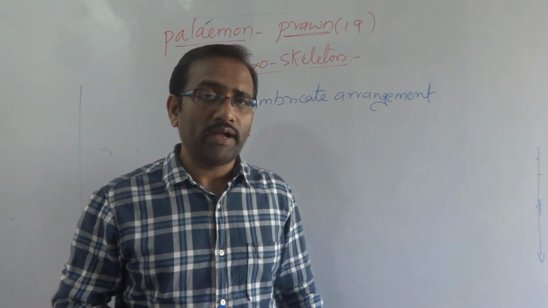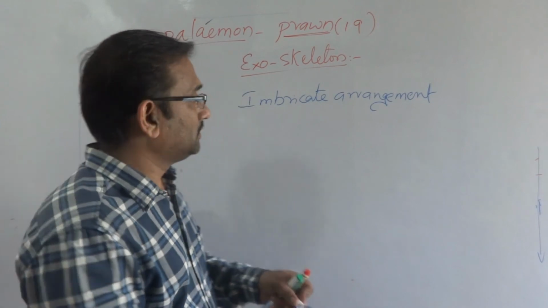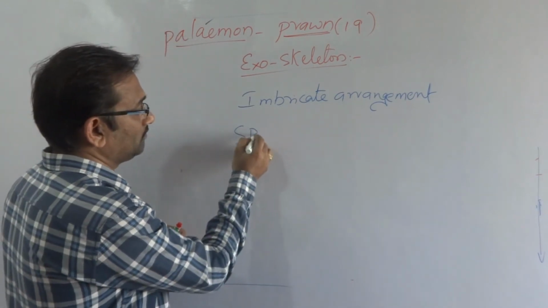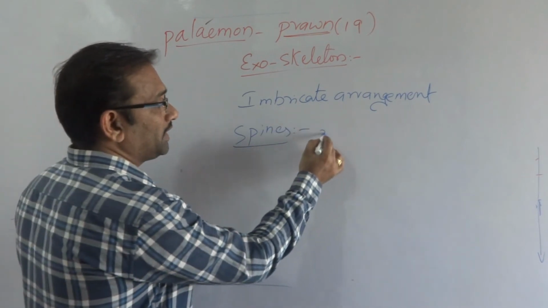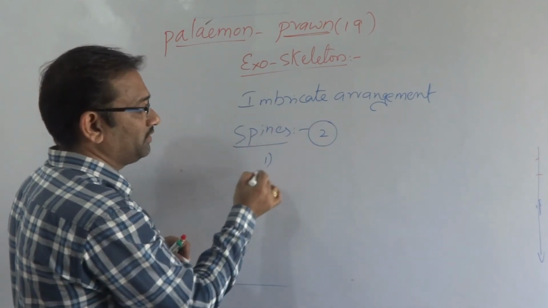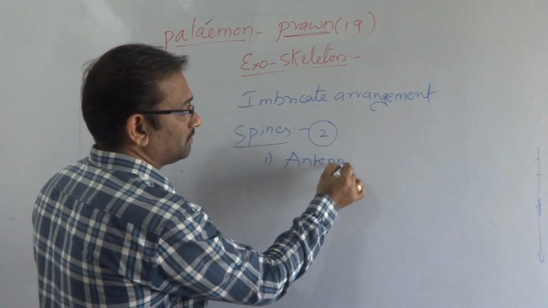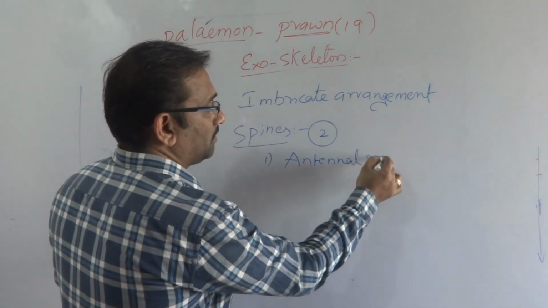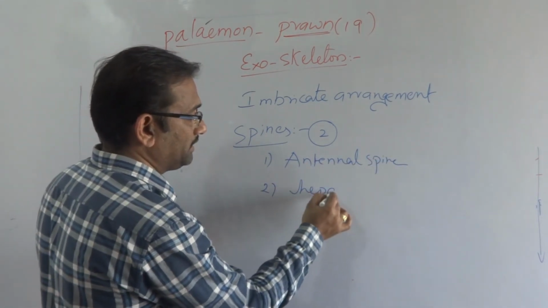Another point in the exoskeleton is the spines. There are two types of spine-like structures: number one, the antennal spine, and second, the hepatic spine.